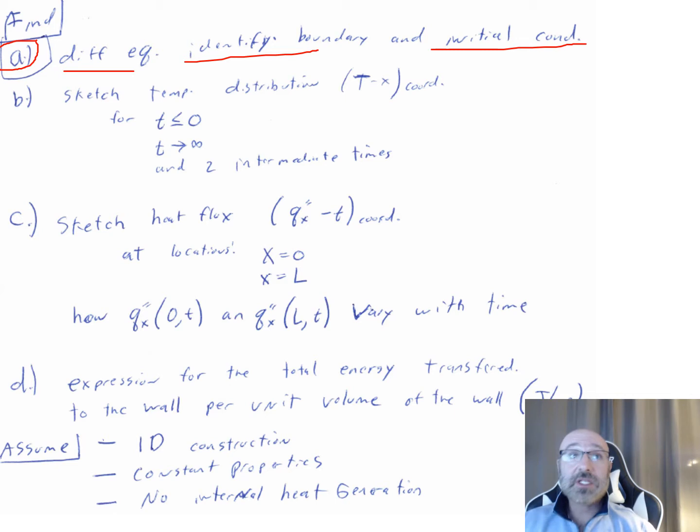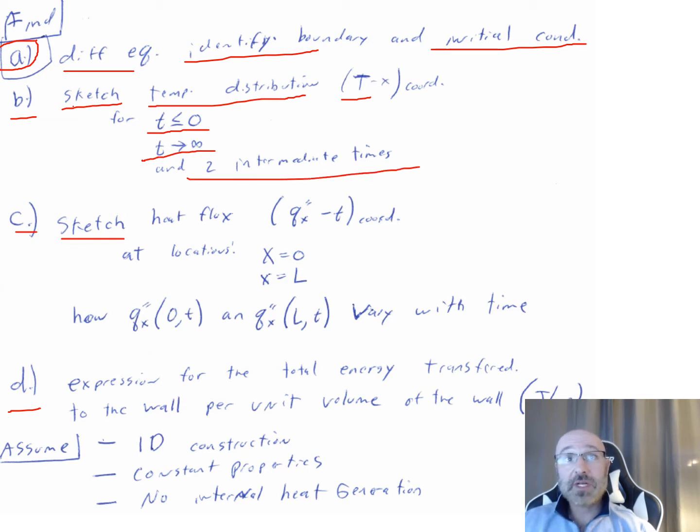If we were going to continue on for parts B, C, and D, for B and C we'd be asked for a sketch. For part B, we're sketching the temperature distribution, T versus x coordinates, for t less than or equal to 0, for t approaching infinity, and for 2 intermediate times.